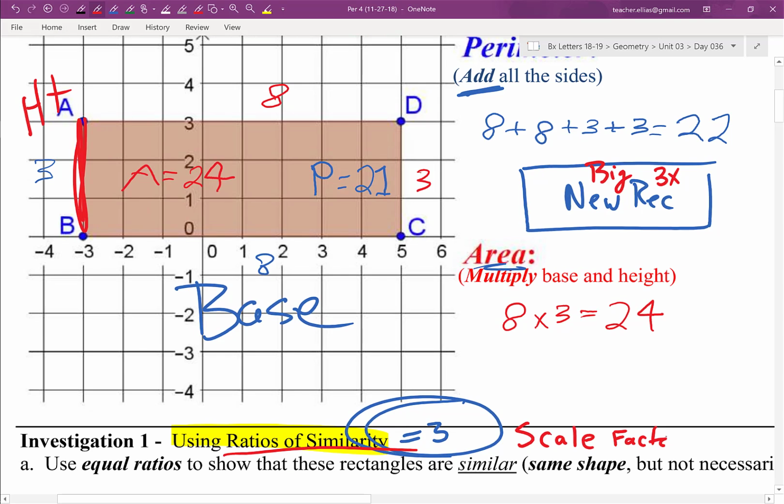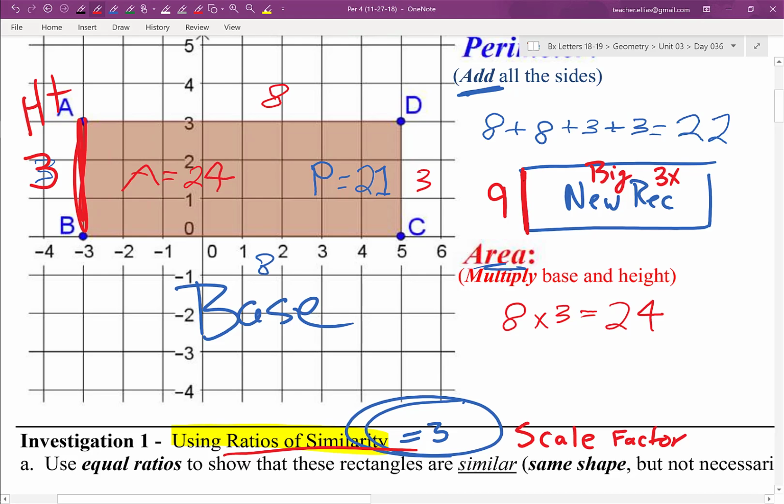Now that we know we're talking about scale factor, not only is your shape going to be bigger, could you tell me something about the height? How much is it going to be? 3 times taller. It's 3 times bigger. So if our original had a height of 3, the new one will be 9.